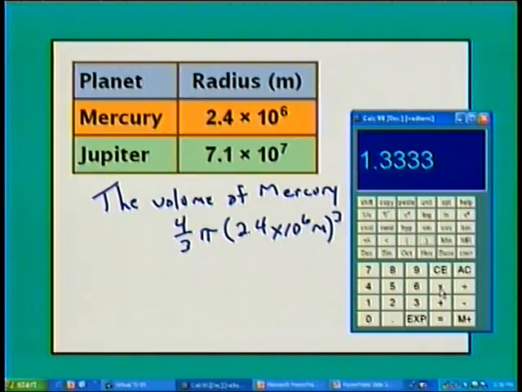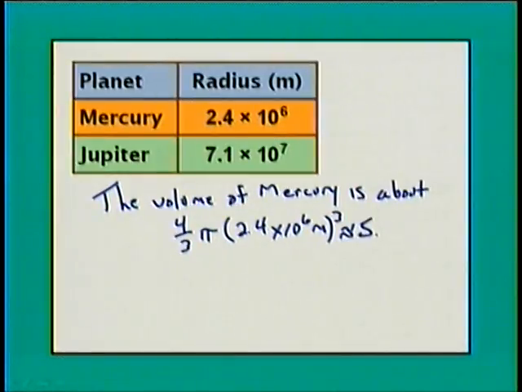And then I'm going to multiply by pi. And then I'm going to multiply by 2.4, hit my power of 10 key. My power of 10 is 6. Hit my exponent key, cube that number, and press equal, and I'm getting about 5.8 times 10 to the 19th. How about the volume of Jupiter?